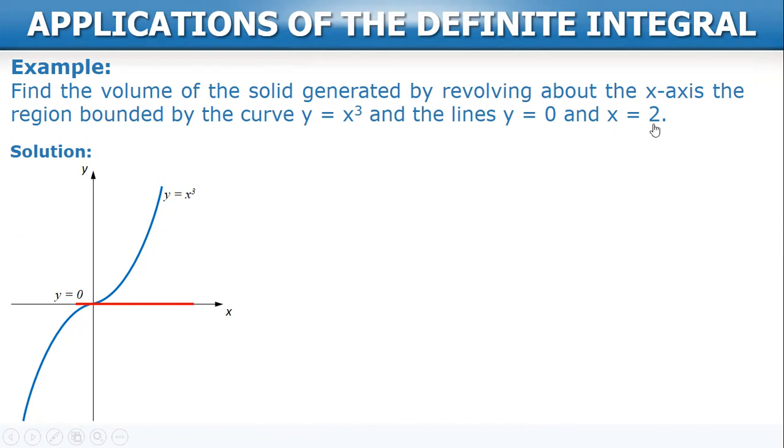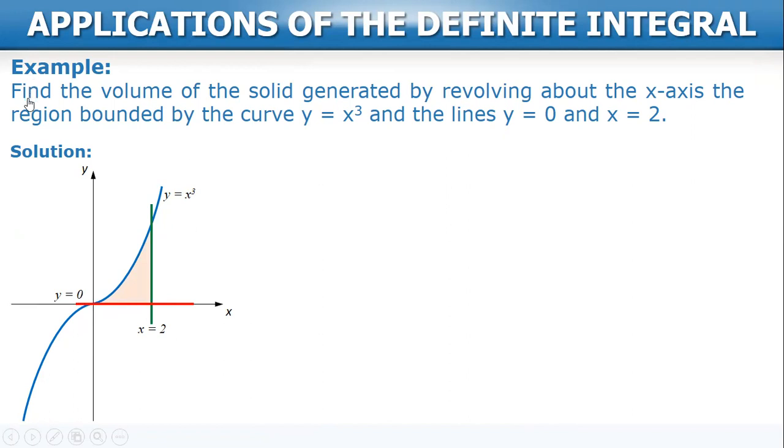And x equal to 2 is a vertical line. So x equal to 0, x equal to 1, x equal to 2, x equal to 3. So x equal to 2, we have this. Okay. So this is our bounded region.